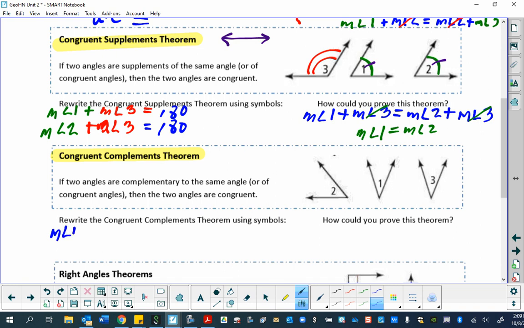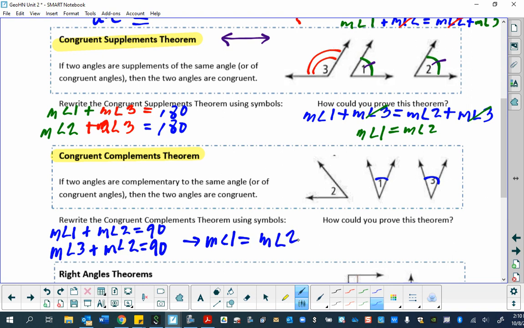If the measure of angle 1 plus the measure of angle 3, this time it looks like 1 and 3 are congruent angles, and the measure of angle 3 plus the measure of angle 2 equals 90 degrees. If that's true, then the measure of angle 1 is going to be equal to the measure of angle 2.